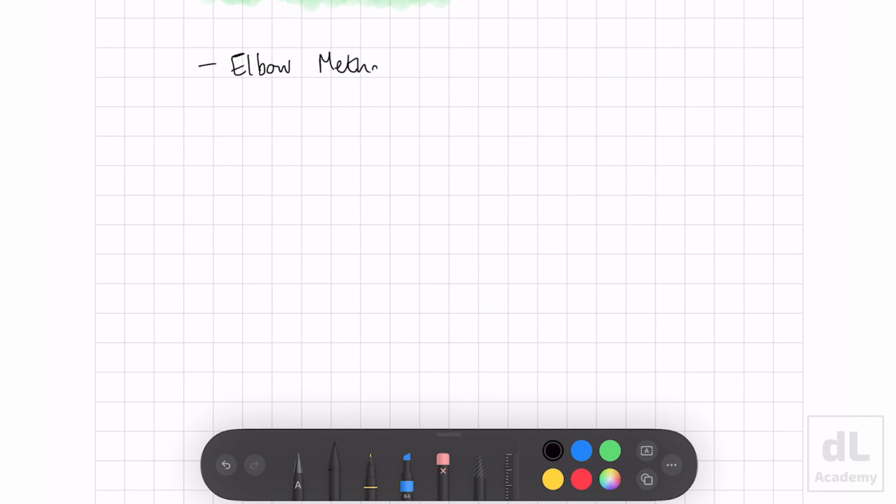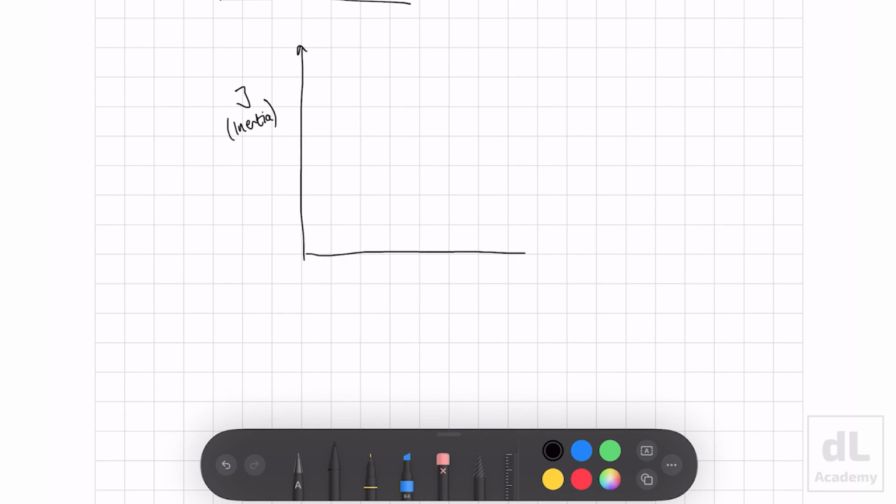So what you can do is run k-means multiple times with different numbers of k. Once you've trained your algorithm, you would have the final inertia, so your J. And then you could plot it.